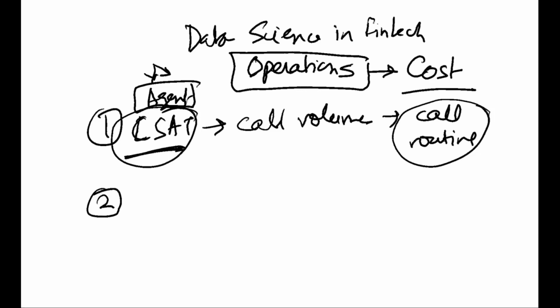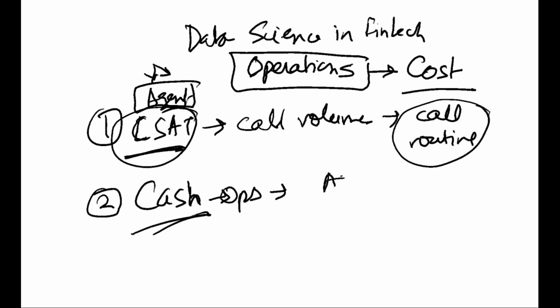The other specific is if you are in the cash FinTech startup where you're dealing with cash, then you will have something called cash ops. One of our clients is an ATM company, where they run thousands of ATMs all across the US.